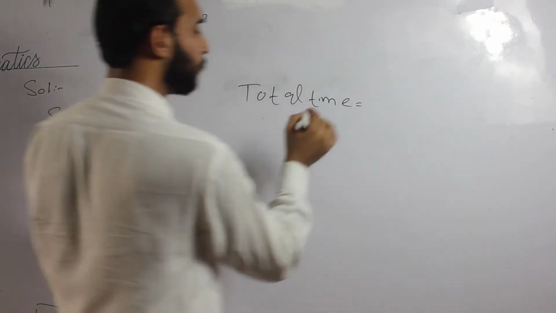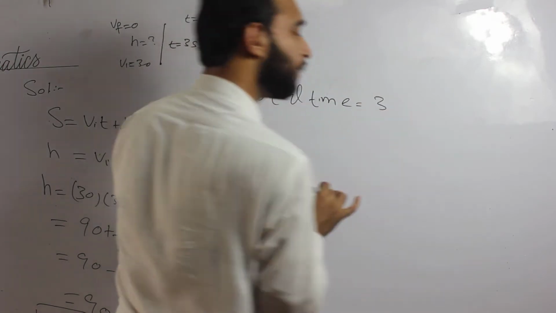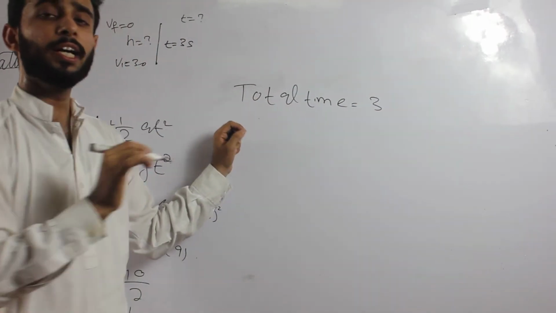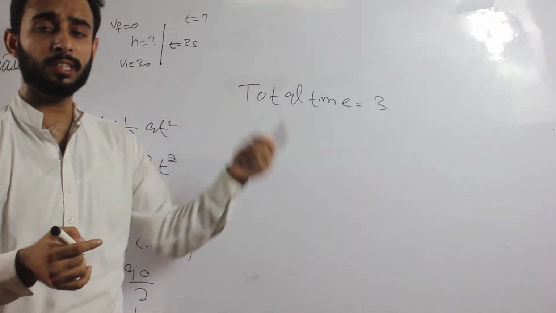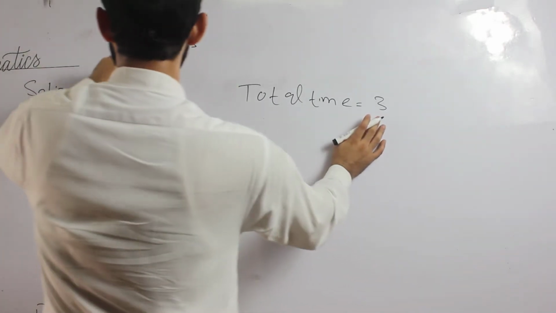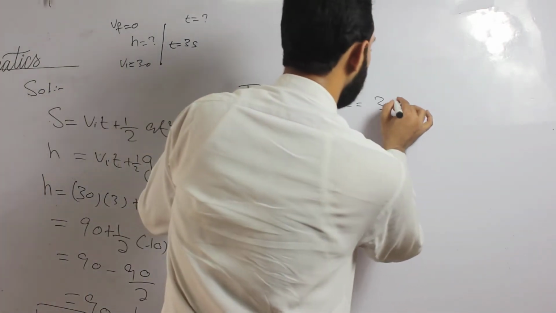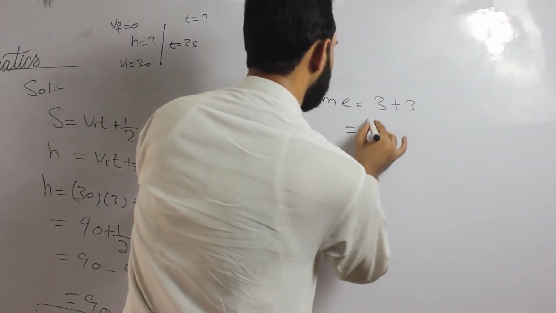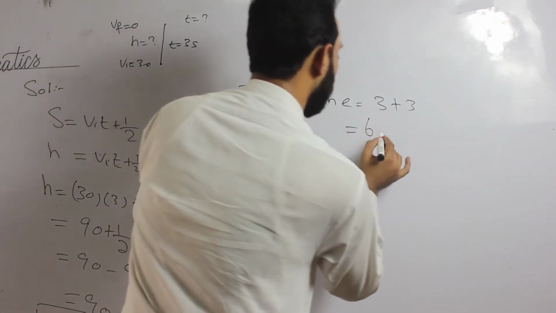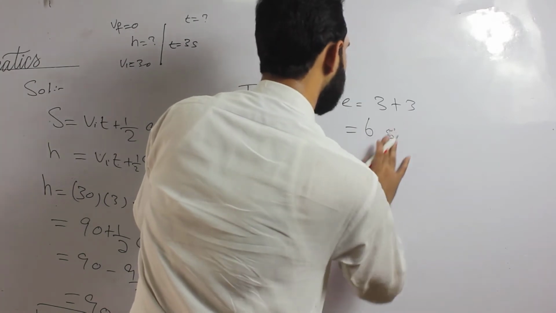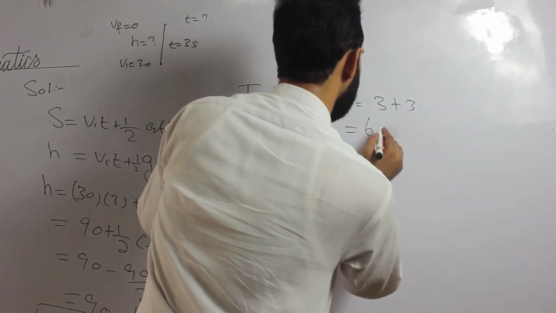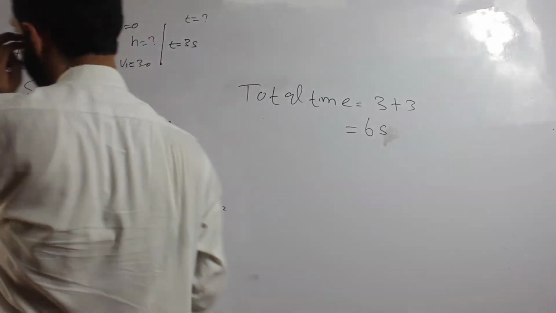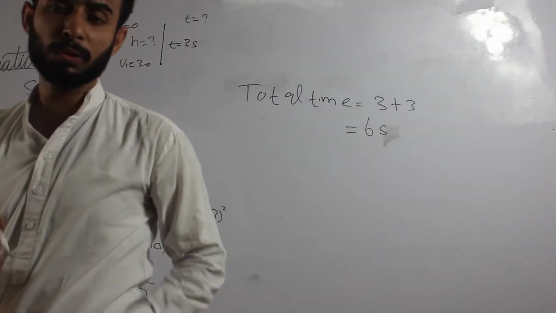If a body takes 3 seconds to reach its maximum height, it will also take 3 seconds to reach the ground. So 3 plus 3 we will get 6, and the SI unit of time is the second. So 6 seconds is the total time for the body to go up and come back to the ground.